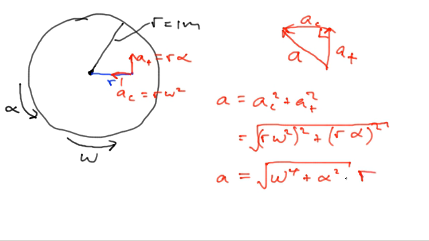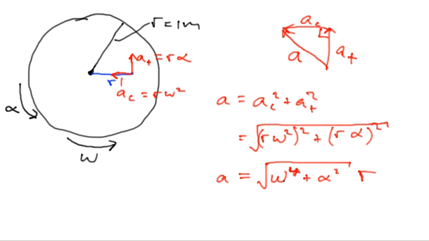Our graph, let's make sure I got the graph. It creates a graph of the magnitude of the translational acceleration of a point on the disk versus the distance that the point is from the center of the disk. Values of that distance from 0 to 1. So it should just be a straight line passing through the origin, where the slope is given by this combination of omega and alpha.